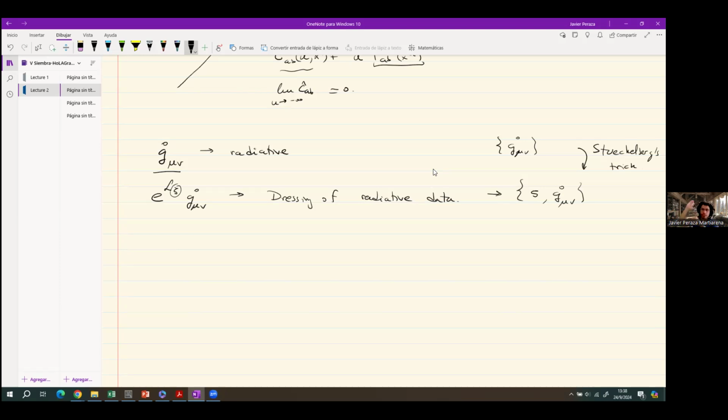This was done, I think, in 1938, more than 80 years ago. But in this case, it helps us because we can understand this new T as the action of a diffeomorphism acting on the radiative data, so we can parameterize that by a diffeomorphism.